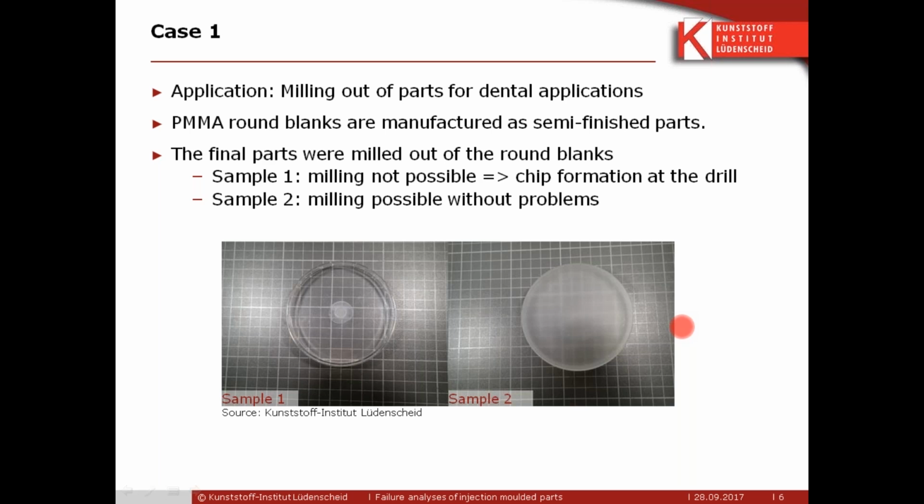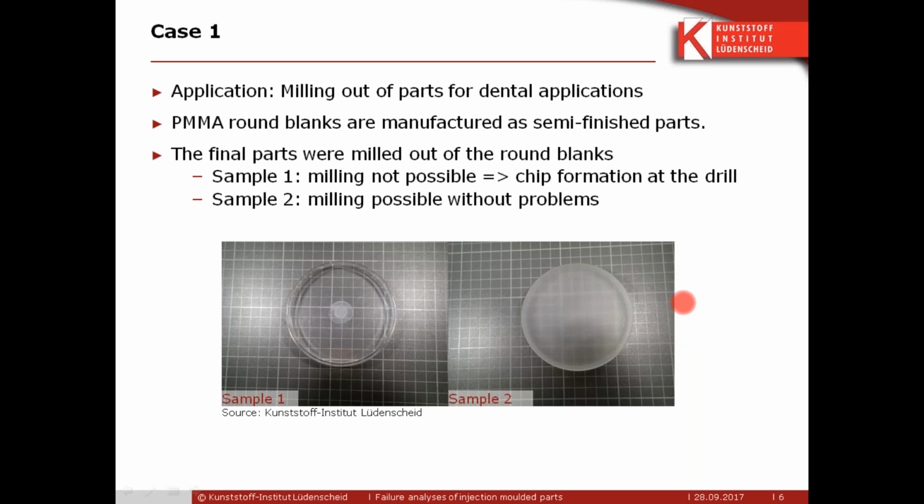The conclusion of all three analyses is that the material is a PMMA, an unmixed PMMA, but we have this distinct higher molecular mass distribution. So that's why we can assume that the OK sample was not produced by injection molding, but it was produced by casting.